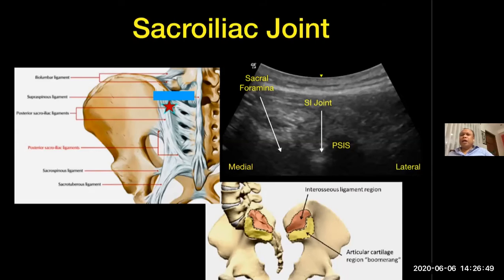Again, approaching it from medial to lateral this time, because if you look at the posterior superior iliac spine and you approach from the more lateral view, the posterior superior iliac spine can obliterate the axis, so it will be harder for you to move in that direction.